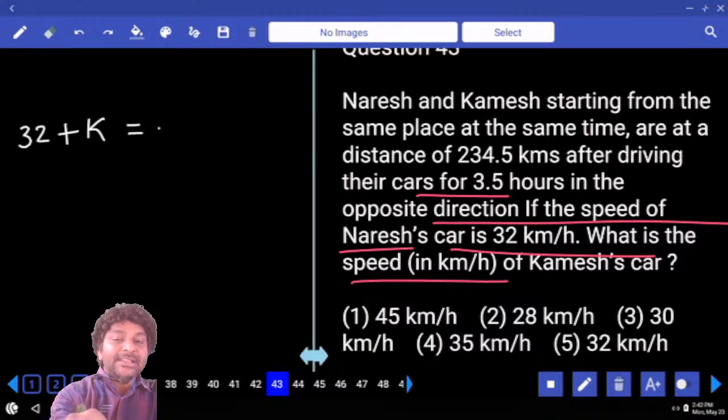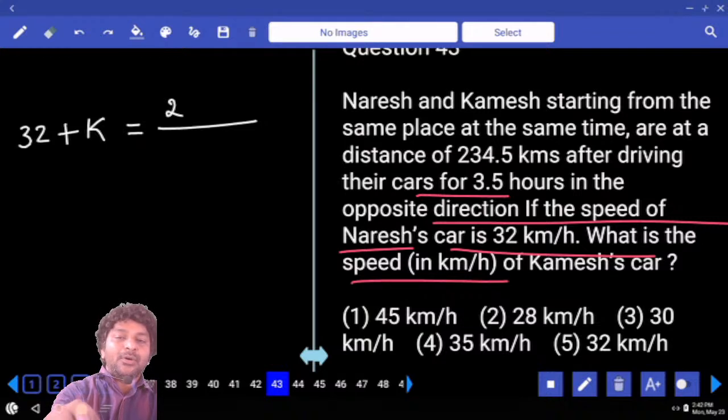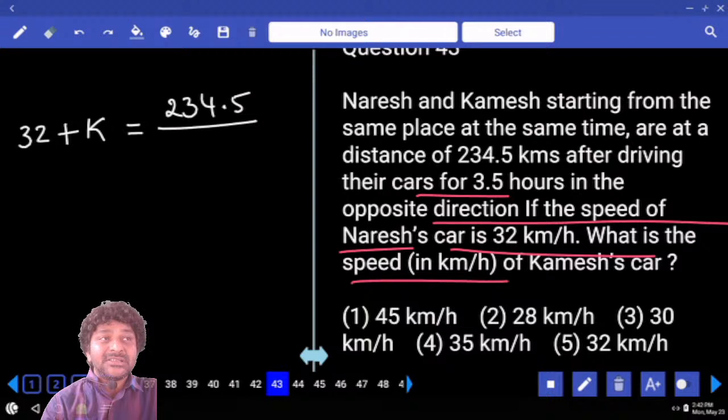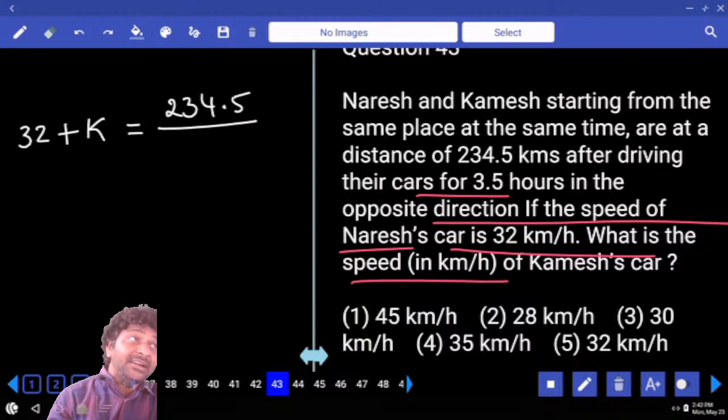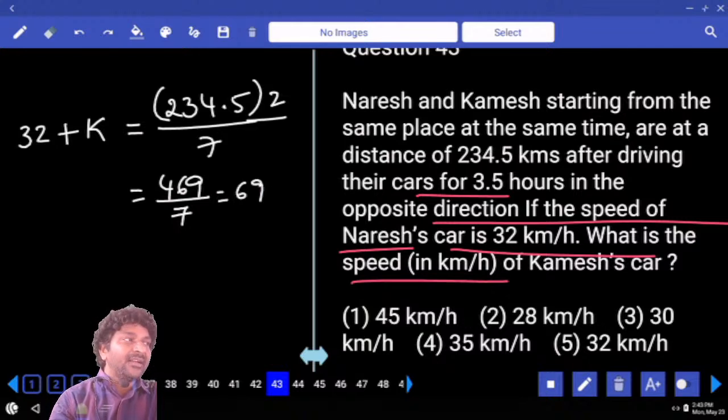This is relative speed only if they are moving in opposite directions. Relative speed means distance divided by time only. Distance covered by both is 234.5, in how many hours? 3.5. Can I treat it as 7 by 2 hours? 7 by 2 comes to the numerator. 234.5 into 2, that is 469 by 7, which is equal to 67.